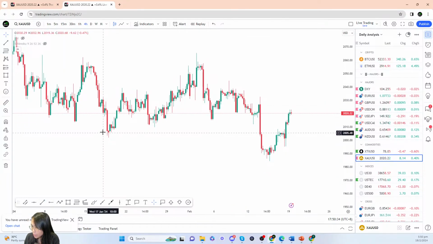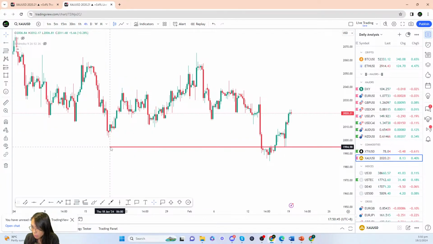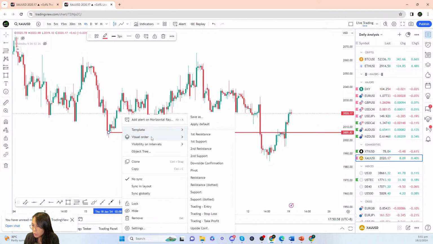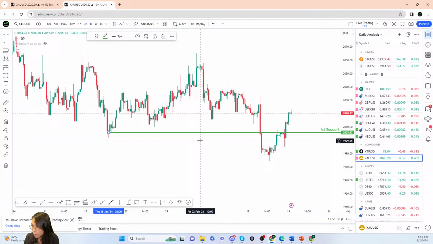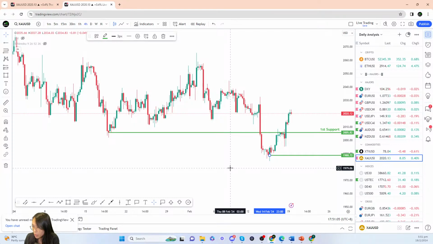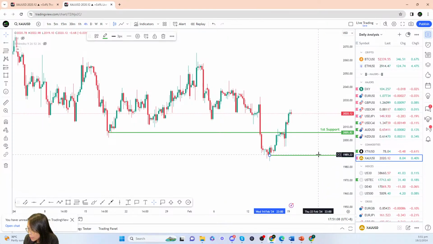For the support, capturing this swing low here, I have my first support at the 2005 level, followed by the most recent swing low at 1988, which will be my second support.